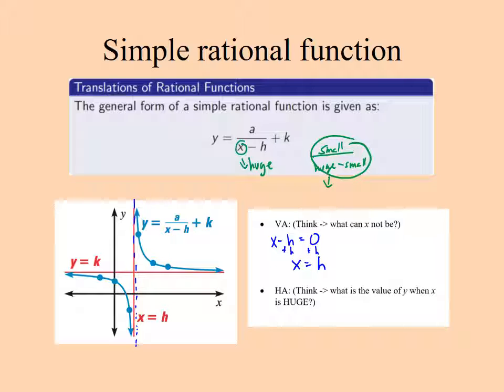So this term really becomes 0. And then you're adding k. So as x gets really large, y approaches k. So the horizontal asymptote is y equals k. You can see it represented over here by the graph.